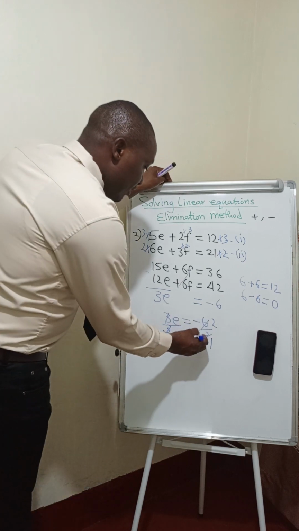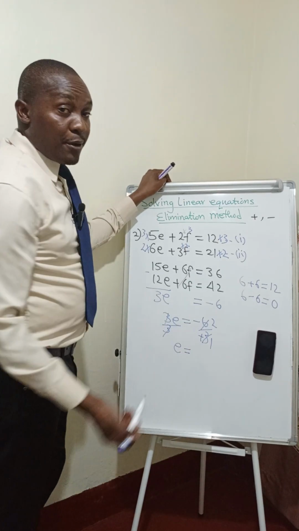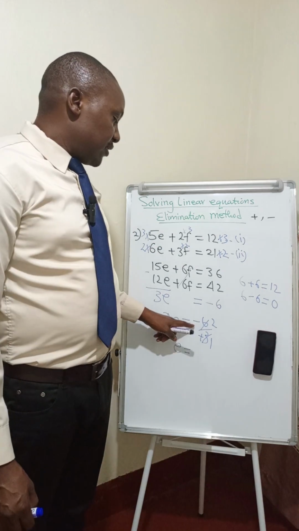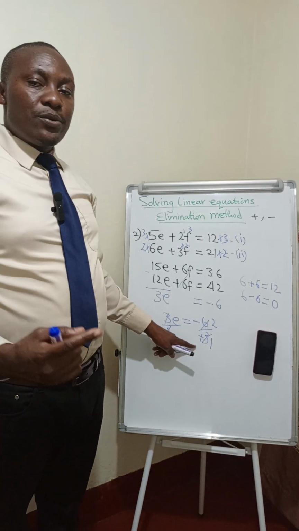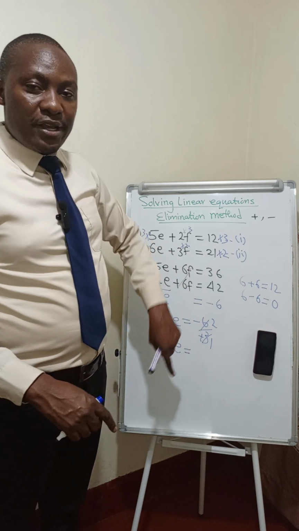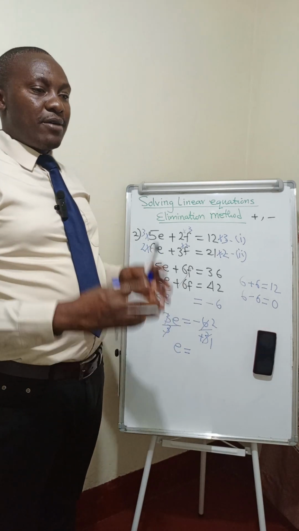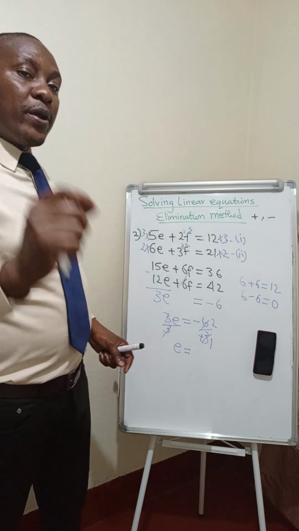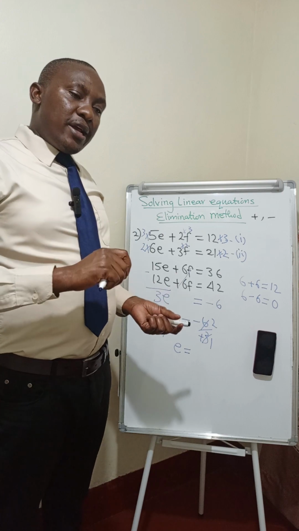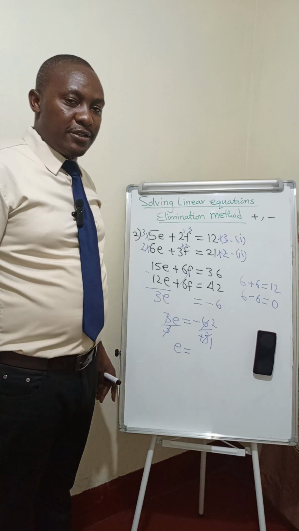Remember, we are dividing this -6 by +3. This 3 is a positive number. And if you divide negative by positive, your answer will be negative. I still repeat my statement in the previous lessons that whenever you multiply or divide a negative number by a positive number, your answer will always be negative.